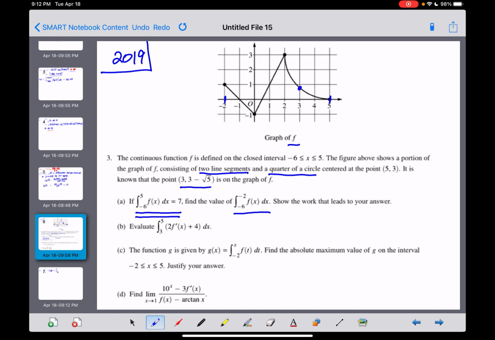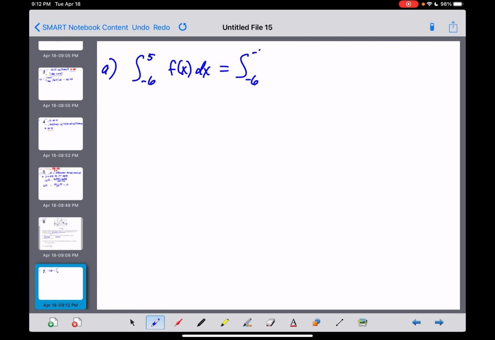That's our upper limit of integration in this integral right here. So from -6 to -2 of f of x dx, and then we'd have to add to that the definite integral from -2 ending at 5 now of f of x dx. Now, where are we going with this?